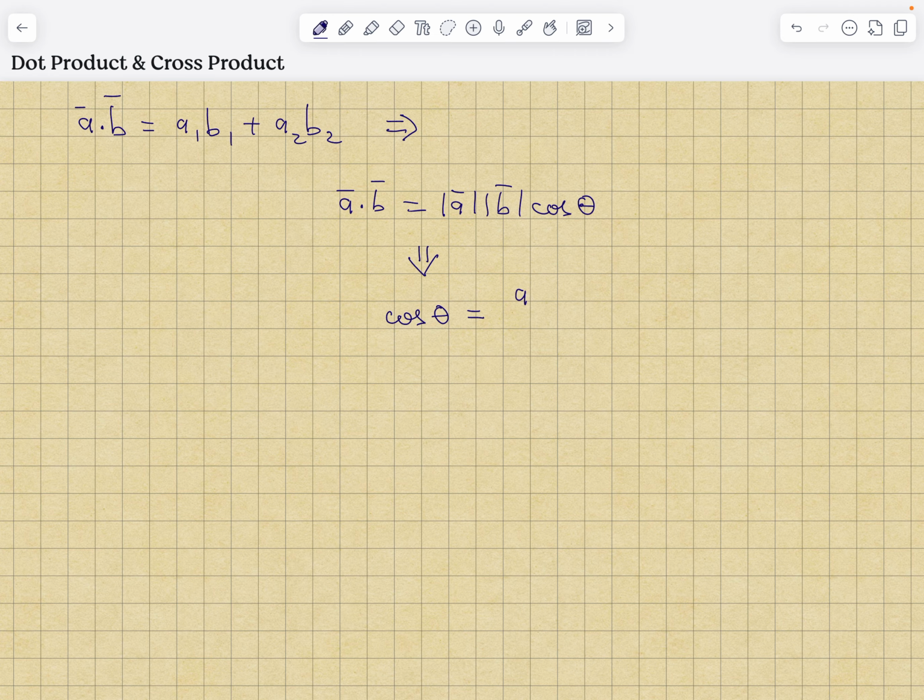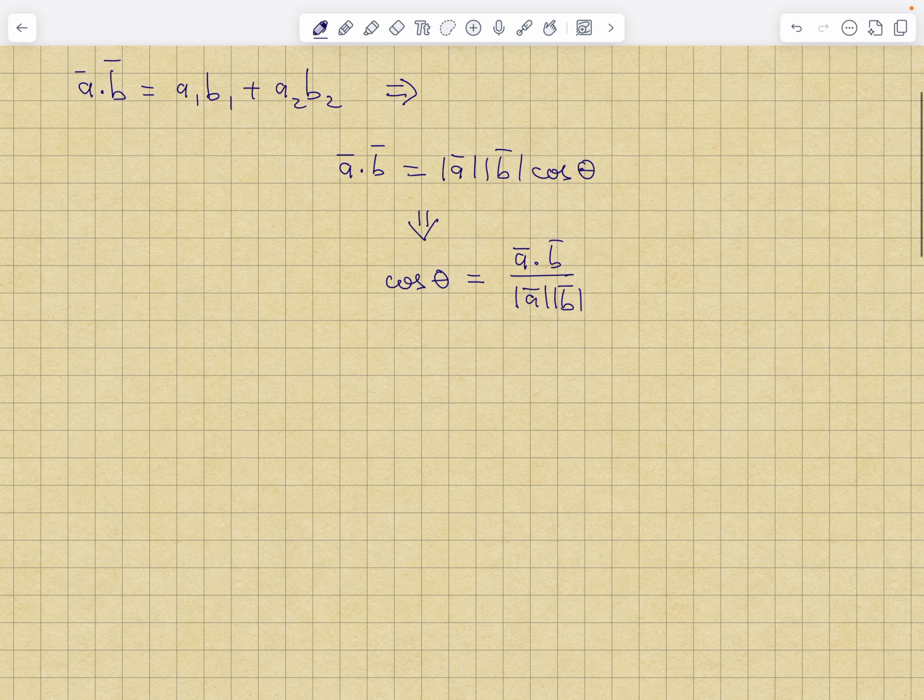So this is A dot B divided by the magnitude of A times the magnitude of B. So today I want to talk about other applications, and I already discussed this in one of my classes, so if you see the repetition here, this is just because I did not cover it in two of our classes.